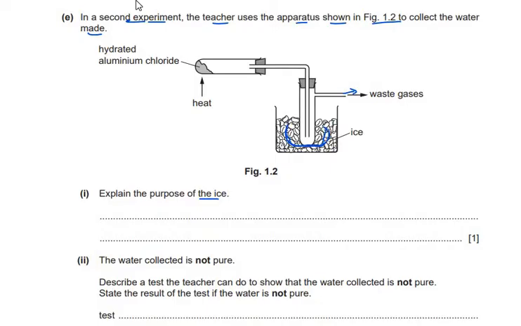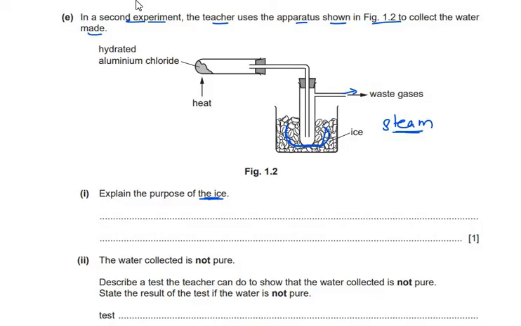Now the purpose of generally the ice is cooling down of the gas produced. So what is the gas which will cool down? That's the steam, because hydrogen chloride gas doesn't cool down and turn into liquid. So the steam will cool down, condense into liquid water. So explain the purpose of ice.